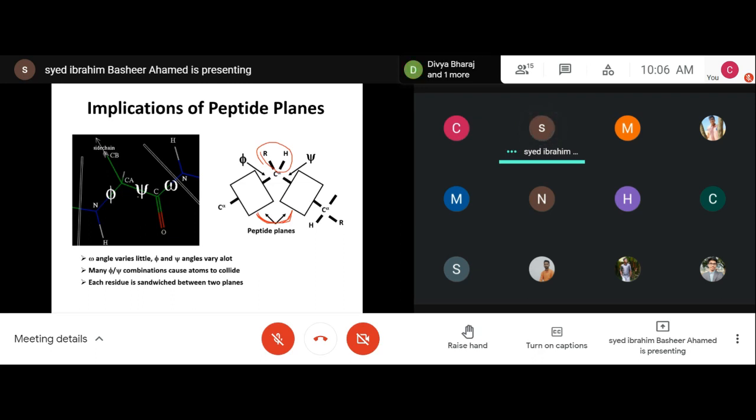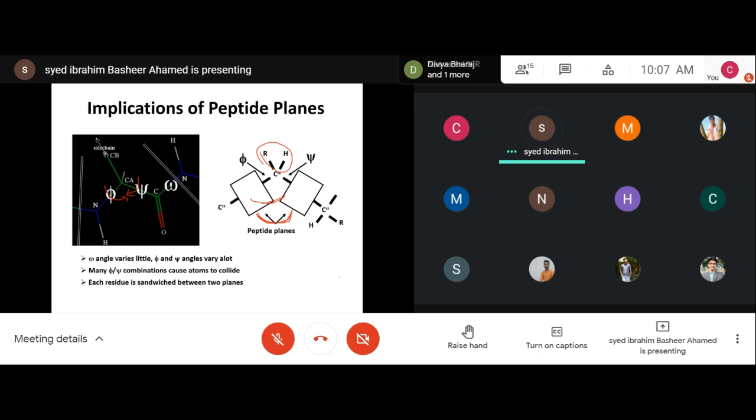So you can have a rotation over here, or some restricted rotation between these two planes.